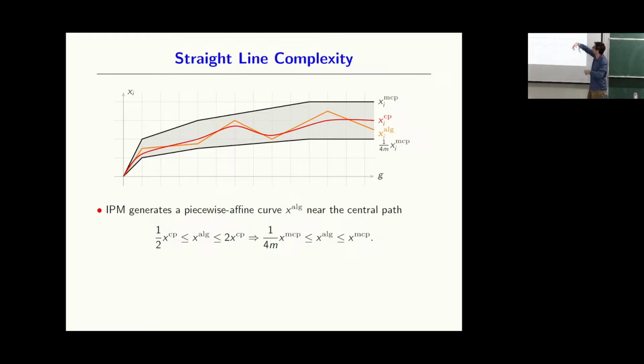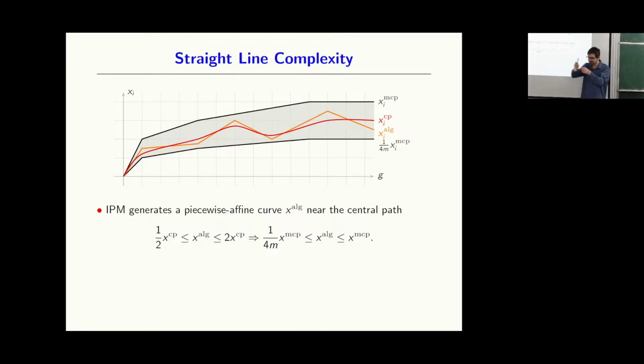Most algorithms essentially at every iteration solve something like a linear system of equations and go straight in a direction that comes from some Newton system that they solve, until they get too far away from the central path, and then they repeat. So the iterations of essentially every interior point method can be decomposed into piecewise linear segments, where each segment is one iteration.